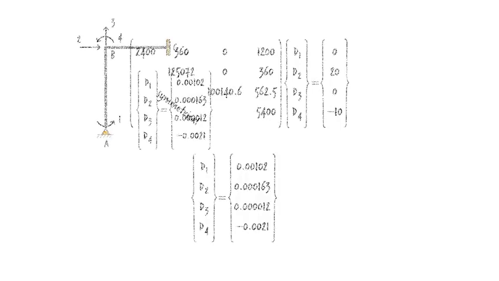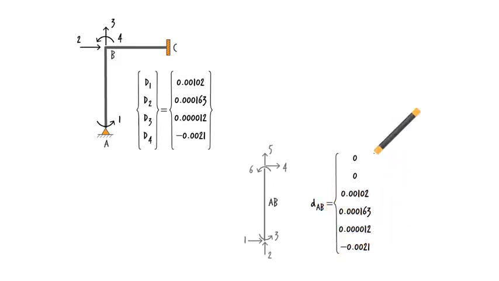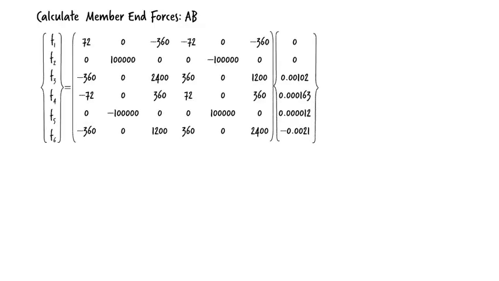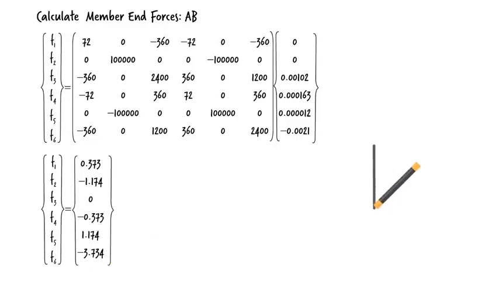We can then use the computed displacements to write the displacement vector for each member. For member AB, we get, and for BC, we have, knowing the stiffness matrix and the displacement vector for each member, we can calculate its member end forces. For AB, we get, here are the forces shown graphically.